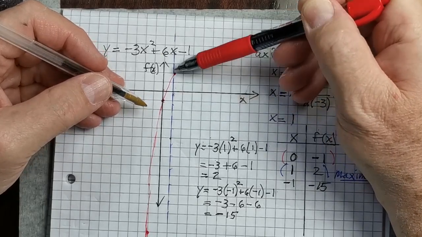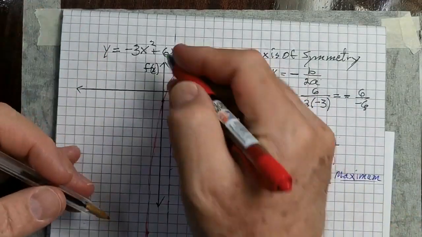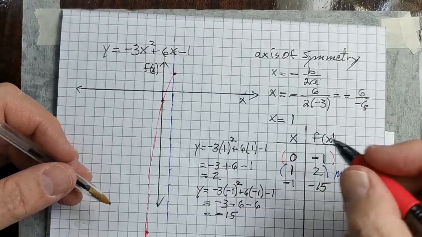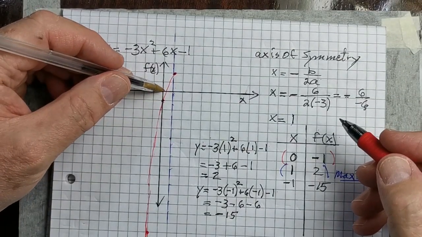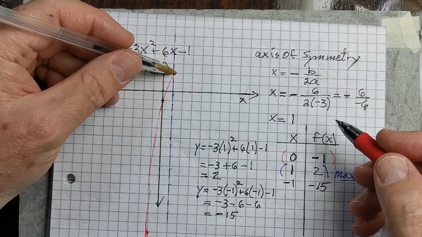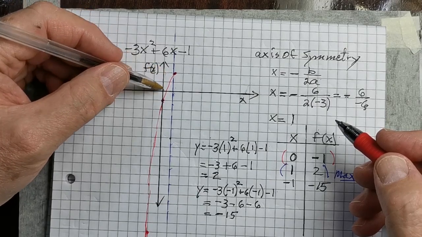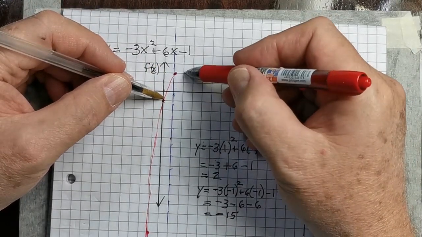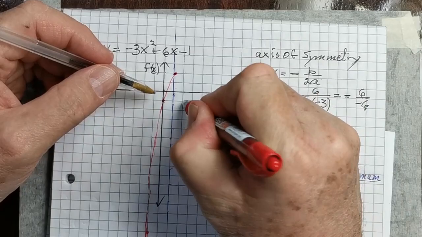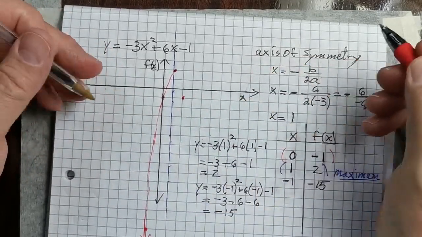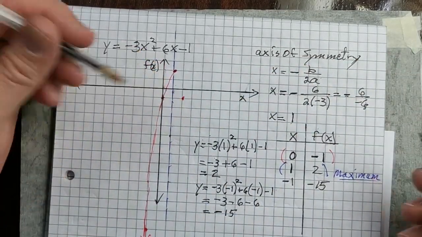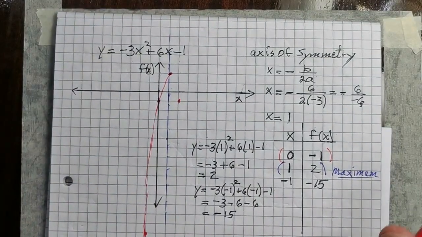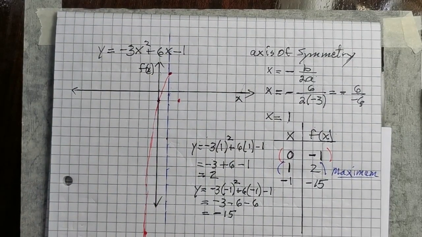The point 1, 2 is right here on the axis of symmetry. If I go 1 to the left of this point, I go down to here. If I go 1 to the right, I should also go down to here. So this point should be on the graph, meaning the point 2, negative 1 should be on the graph. Let's check it out and see if that is in fact the case.